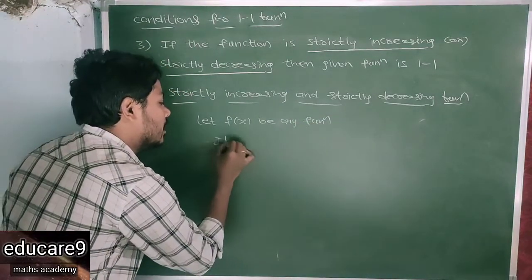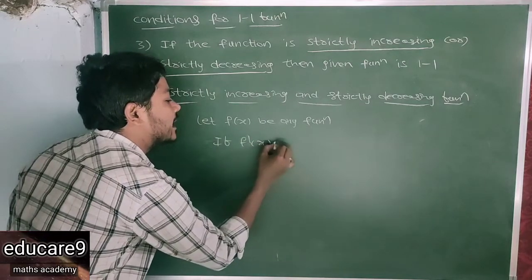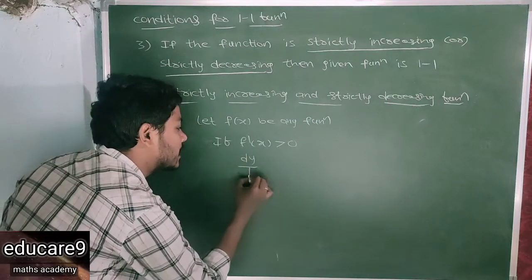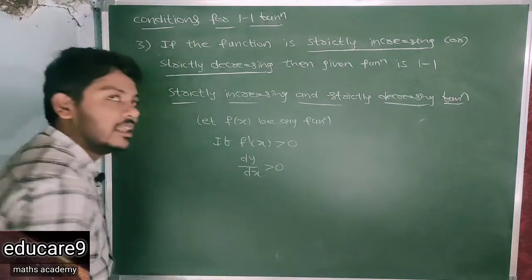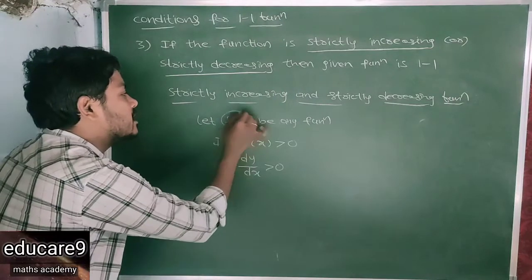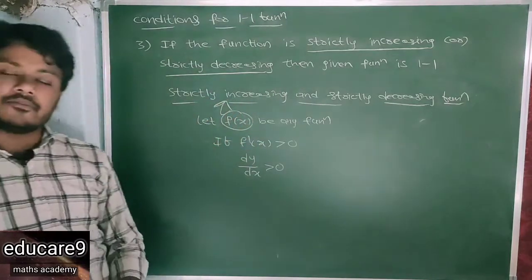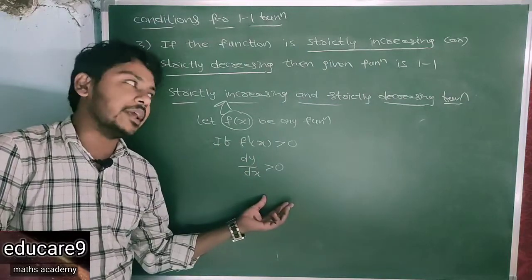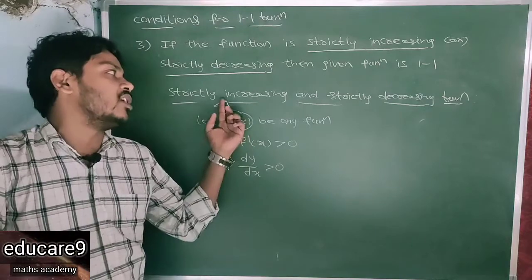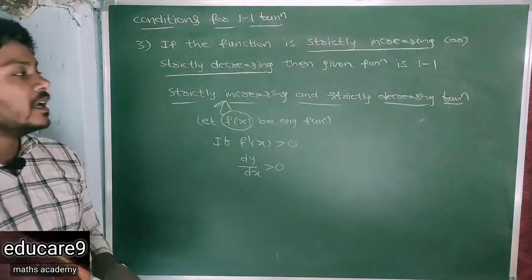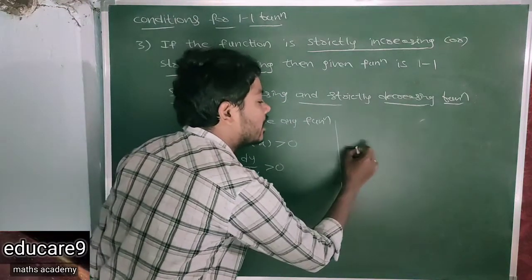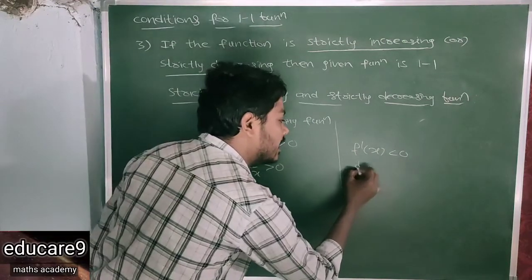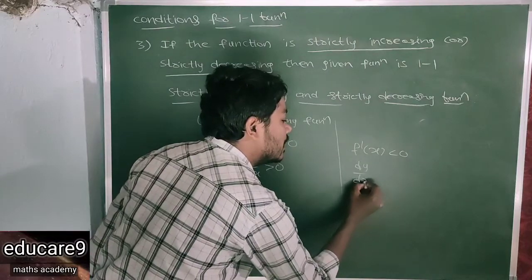If f dash x is greater than 0, that is dy by dx is greater than 0, then f of x is called a strictly increasing function. It means the first derivative is positive. And strictly decreasing means f dash x is less than 0, that is dy by dx is less than 0.